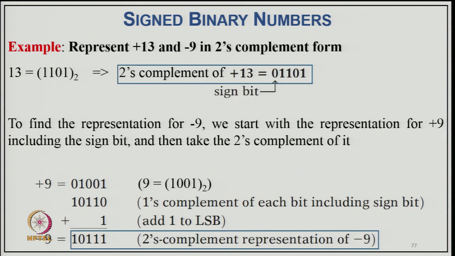To find the representation for minus 9, we start from the representation of plus 9 including the sign bit, and then take the second complement. Plus 9 with the sign bit is 0 1 0 0 1, that is 9 in binary. Now the first complement is just interchanging all the bits, so 0 becomes 1 and 1 becomes 0. Then we add 1 to the least significant bit to convert it to the second complement.